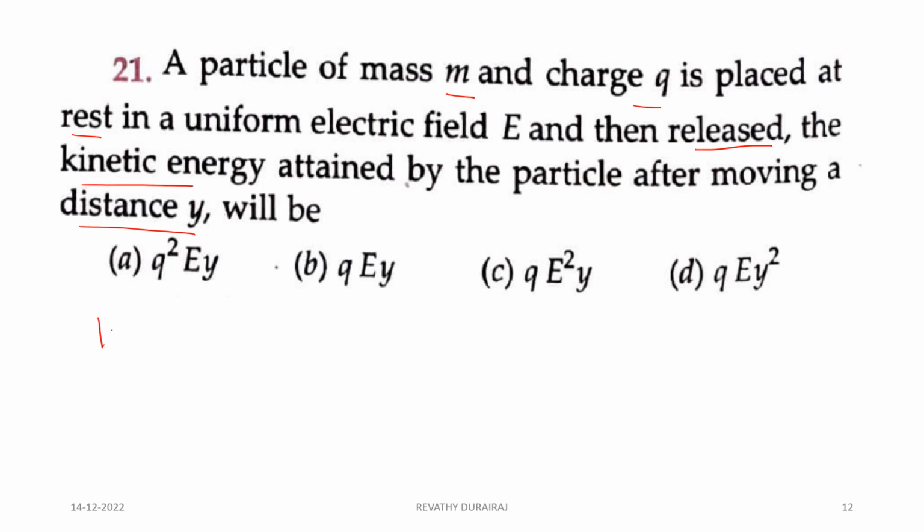So we know the work done by the electrostatic force is used to move the charge in the electric field, that is the work done by the electrostatic force times the displacement y. So the electrostatic force is charge times the electric field E times y. This is the displacement. So qEy is the answer.